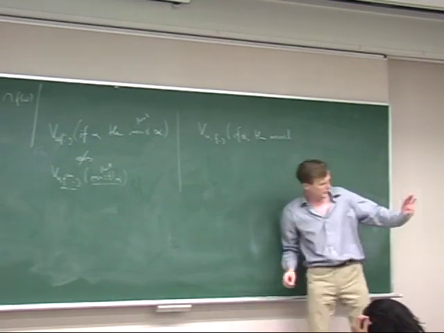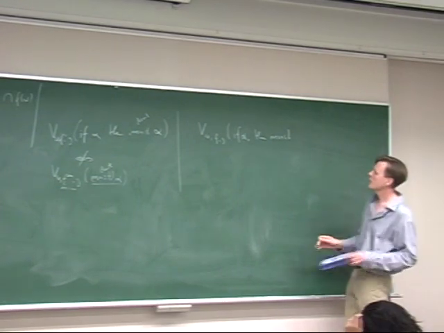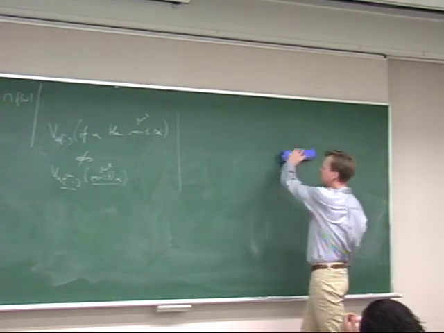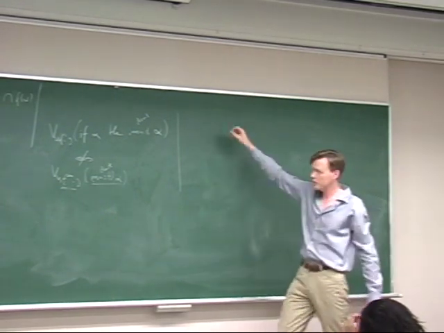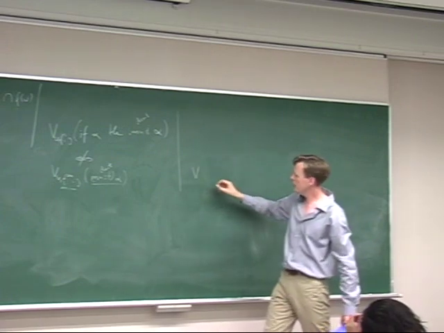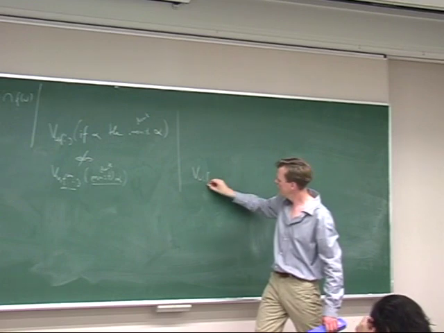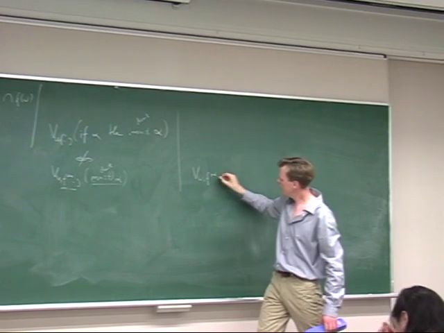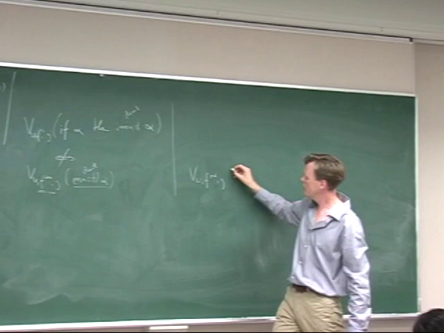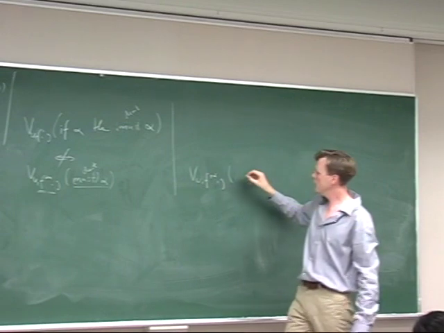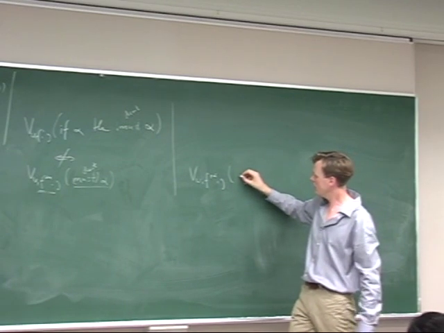Well, perhaps wait a minute. Let me start with the lower line and then I'll write this one. Okay. So down here you want to say W, F plus alpha, G. This is in fact still the same.